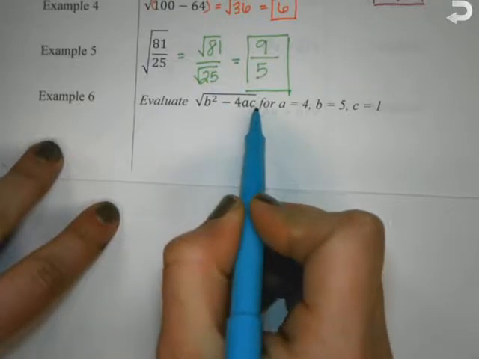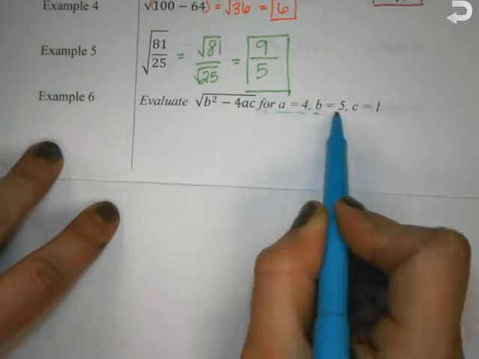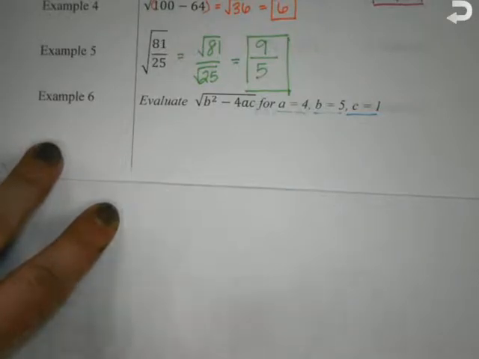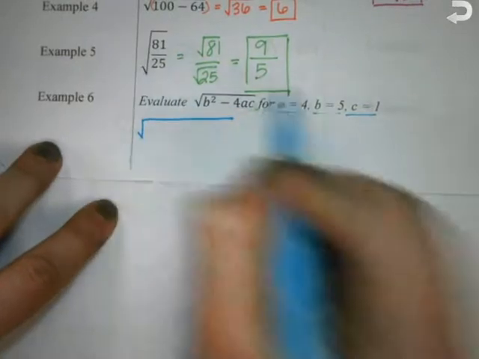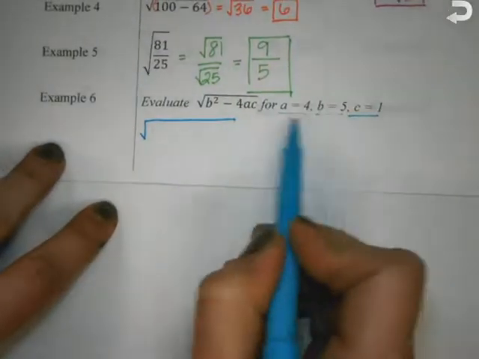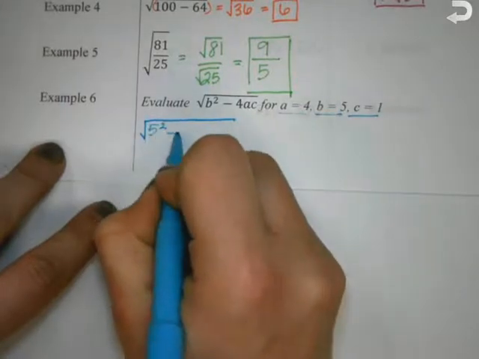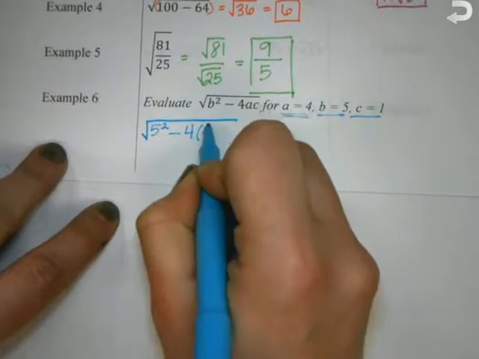So all we're going to do first is plug it in. So this is the square root. Make a nice long square root. B squared, what's b? 5. So of 5 squared minus 4 times 4 times 1. Okay? So all I did was plug everything in.